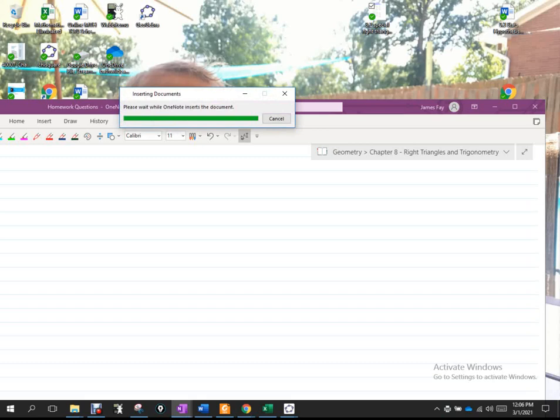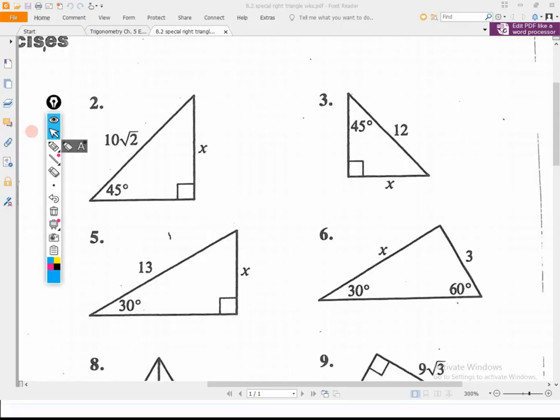I want to do a couple practice problems with you, if this will load. So just real quick, let's go through number 3 here.